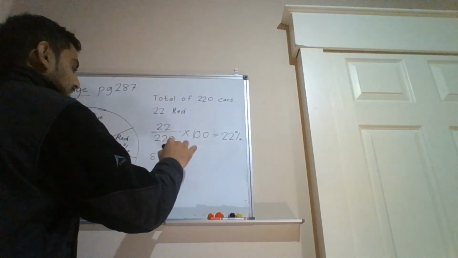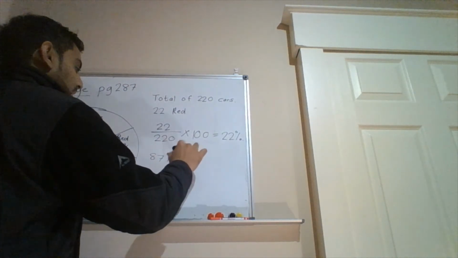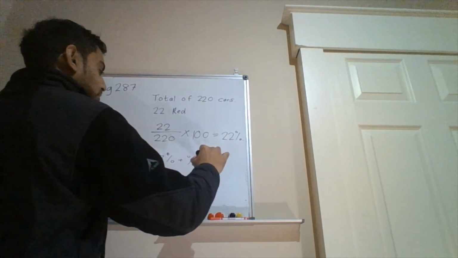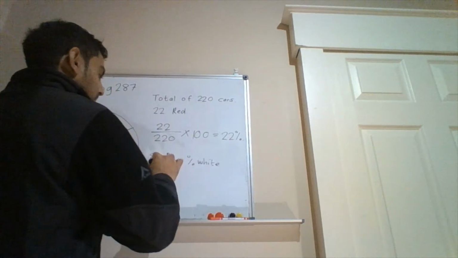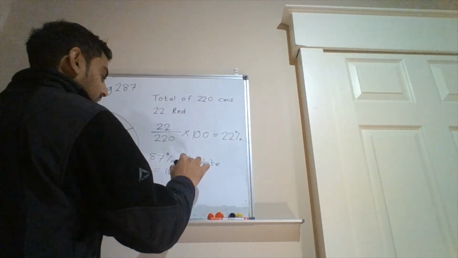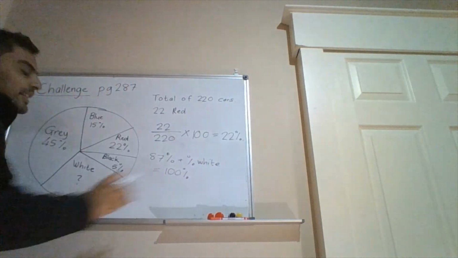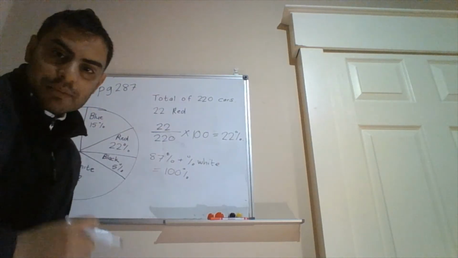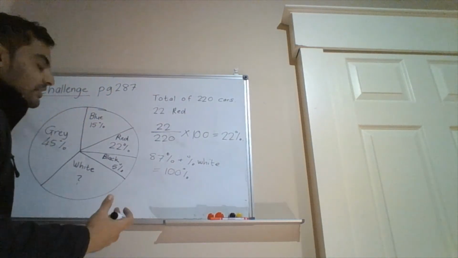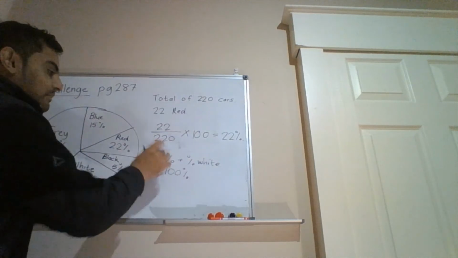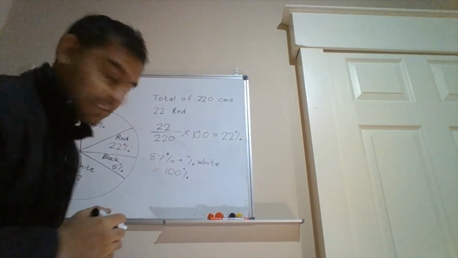So we've got 87% plus the percentage of white must give us 100%. So the missing white percentage must be 13% because 13 plus 87 is 100.